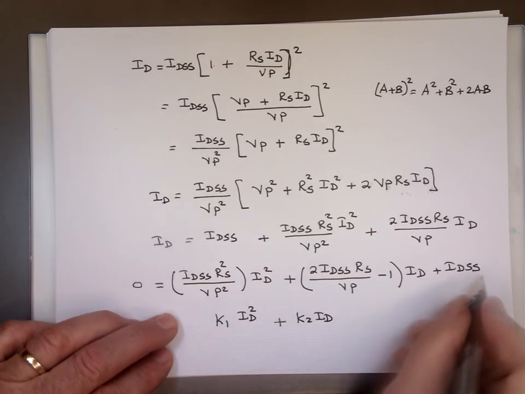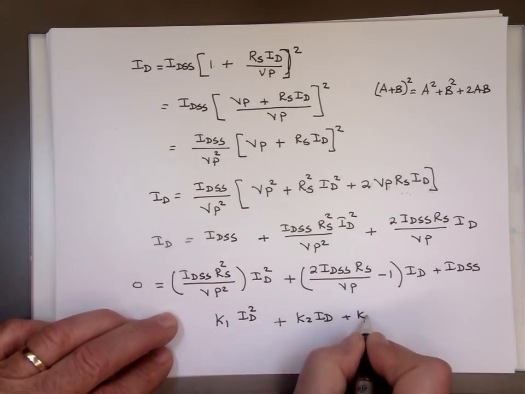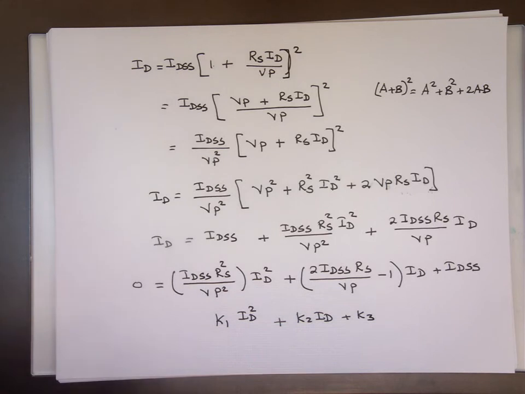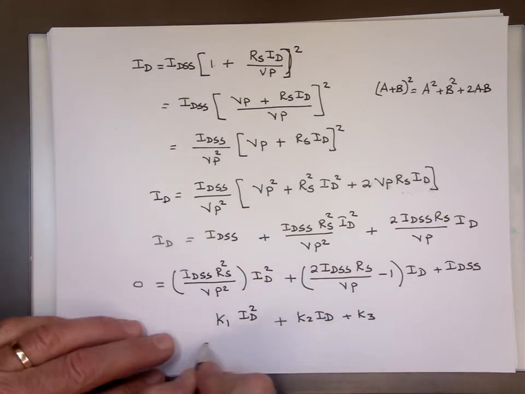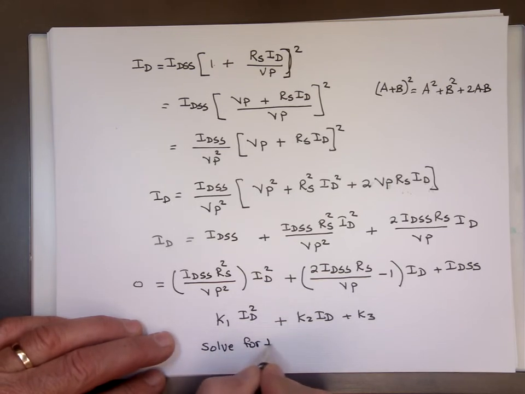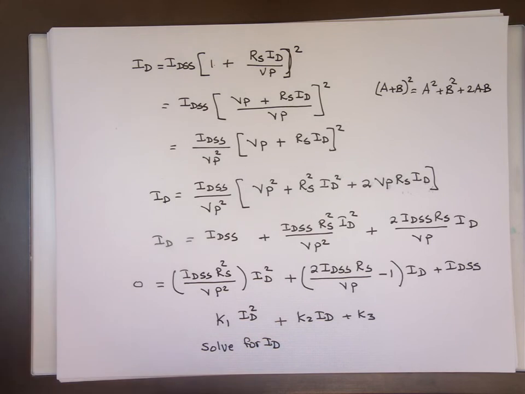So if we know what these numbers are, if I gave you some numbers for them, this becomes a quadratic equation. And we can solve for I sub D. And you're going to have 2 values, because that's quadratic. One is going to be a good value. One is going to be a bad value, and we're going to choose the good value. Since I didn't give you any numbers, you can't really solve it.